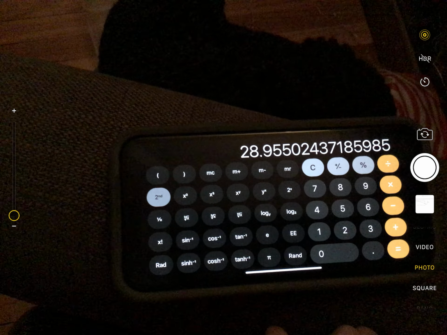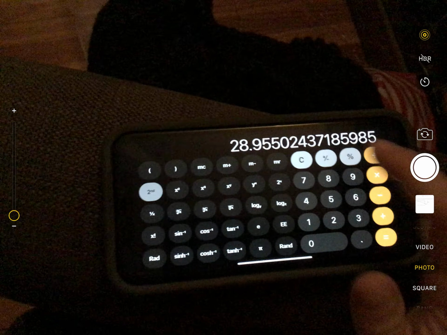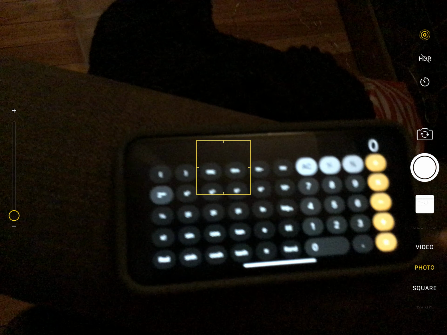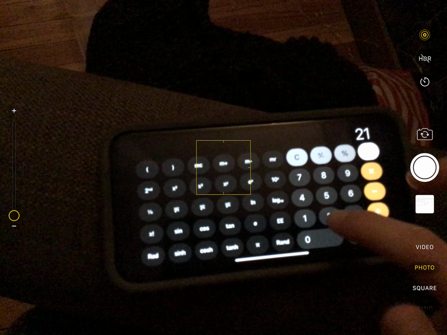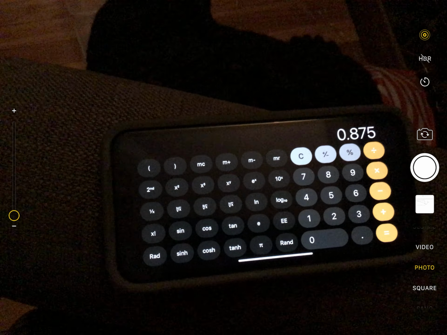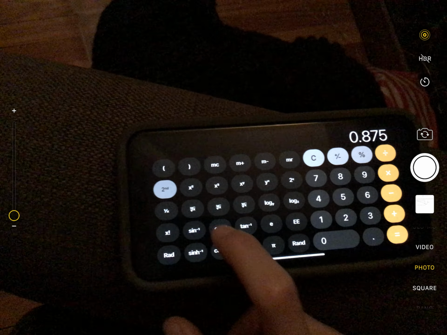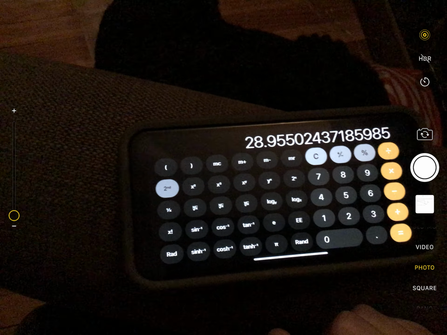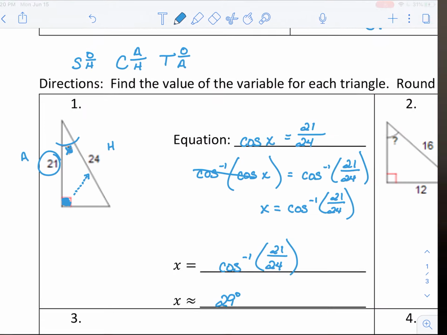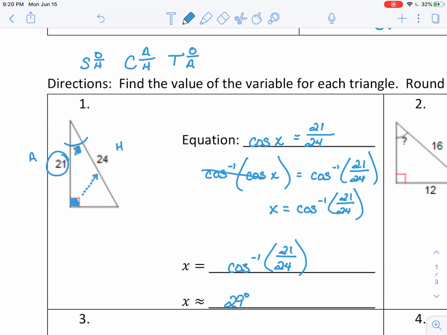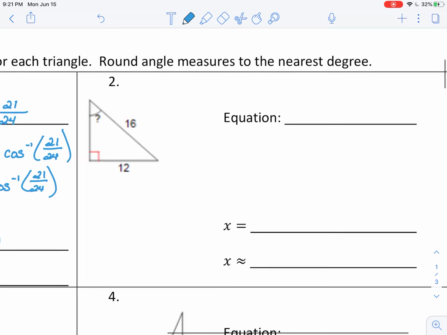So I'm going to take cosine inverse of that. So as a reminder, I'm going to walk through that again. 21 divided by 24. Say I'm done with that. Then second cosine. That's how I can get my 29-degree answer. So similar, but again, I hate backwards calculators. I wish they just didn't program them like that.